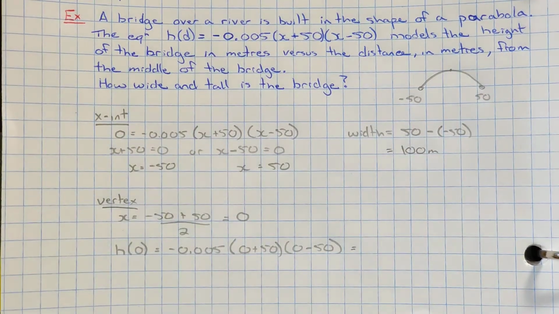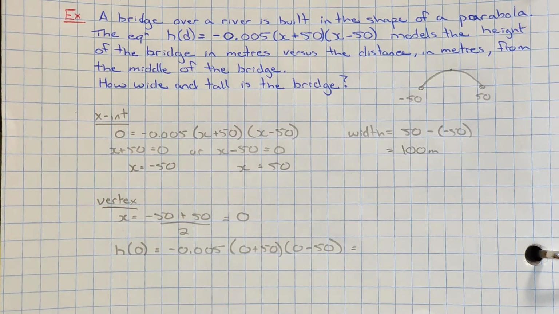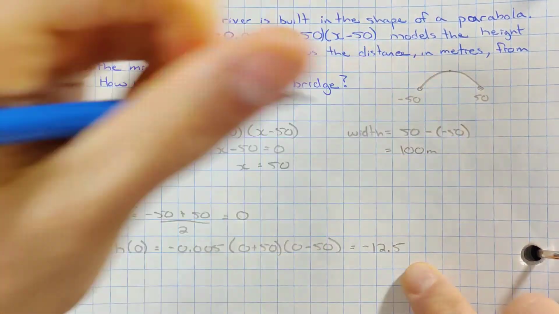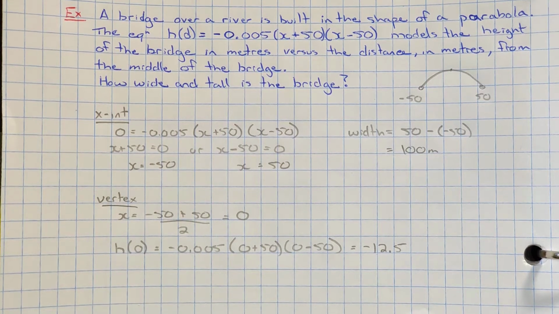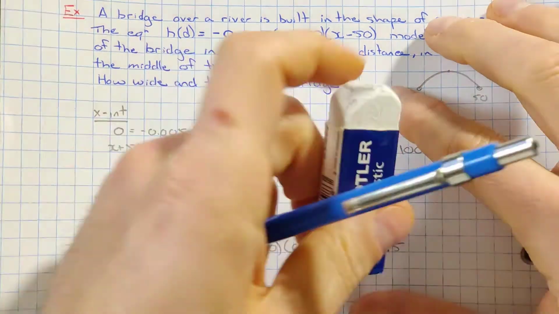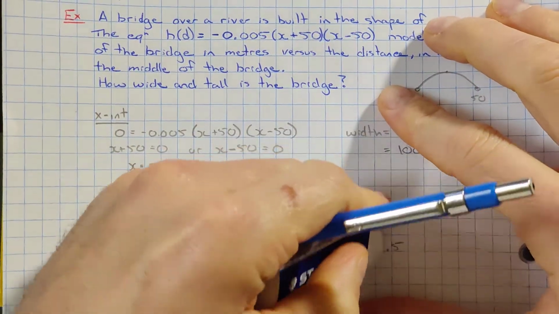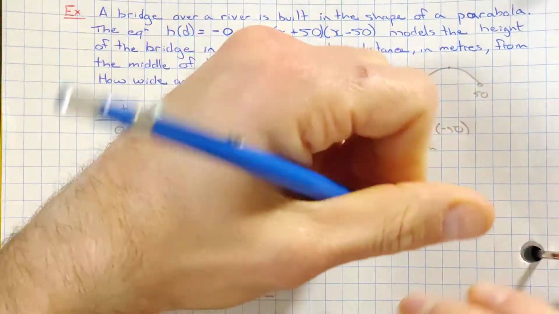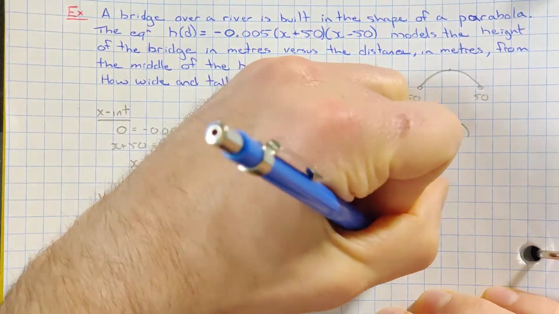And again, if you feel like it, you can plug it into the calculator. 0.005, and we work that out to a good old 12.5. Sorry, positive 12.5, which makes more sense in this case.